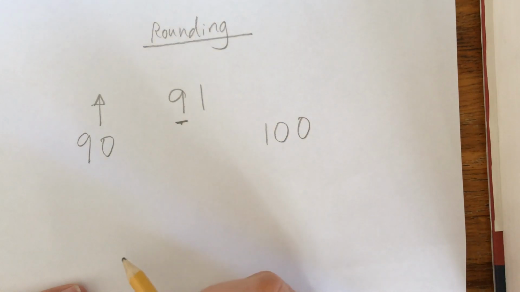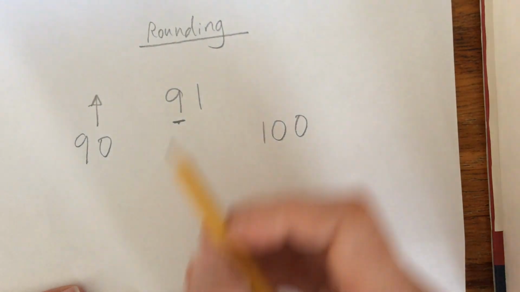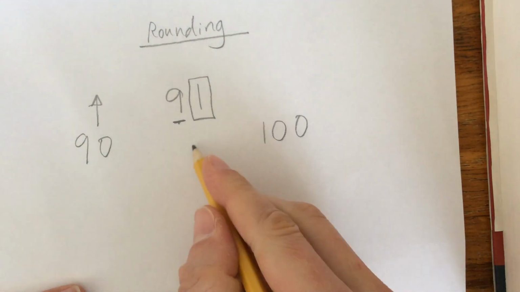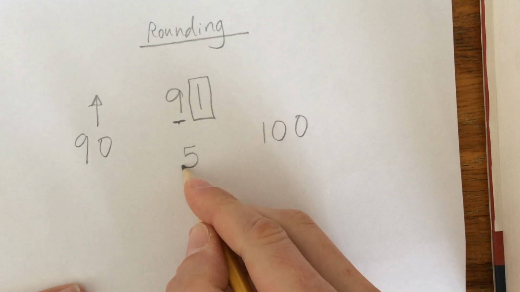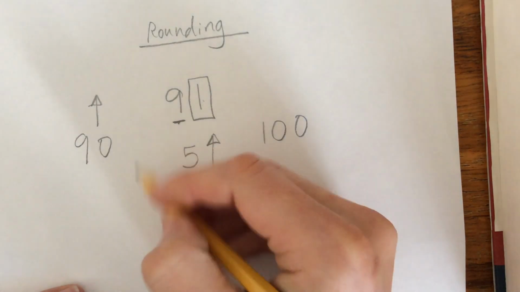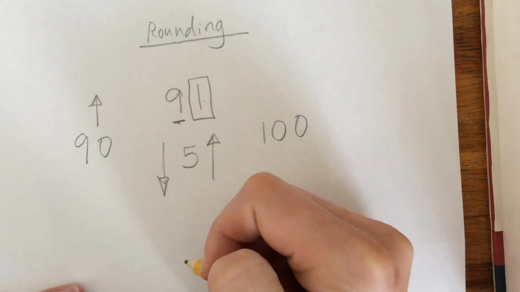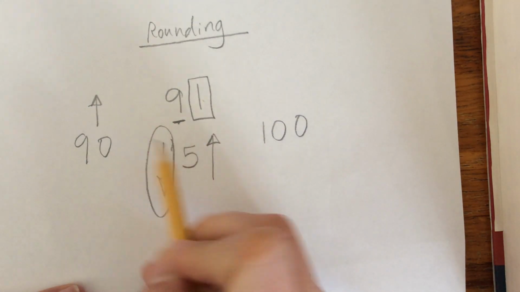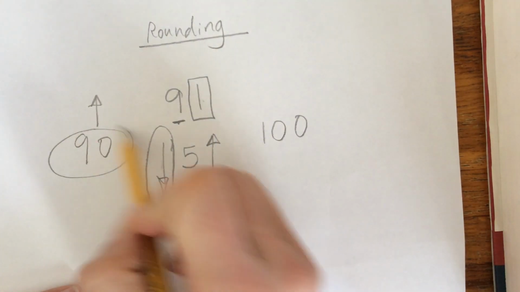And then I ask my students, well, what is the ones in this situation? And they say 1, and I square it. And then I put a 5 right here, and I ask myself, well, is it above 5 or is it below 5? And the answer is below. So the answer, when we round down, is 90.